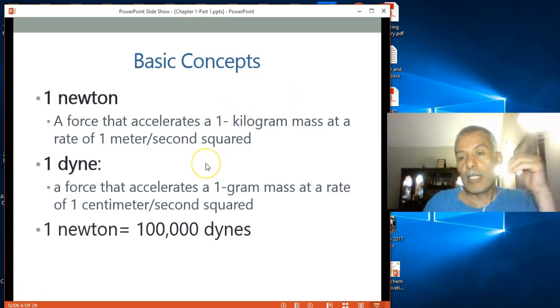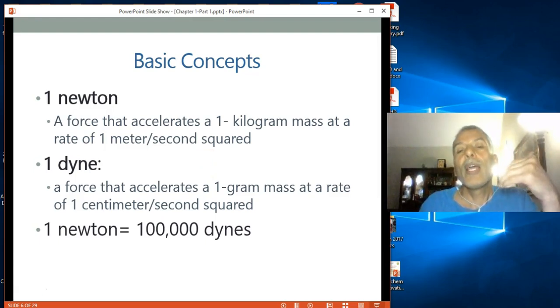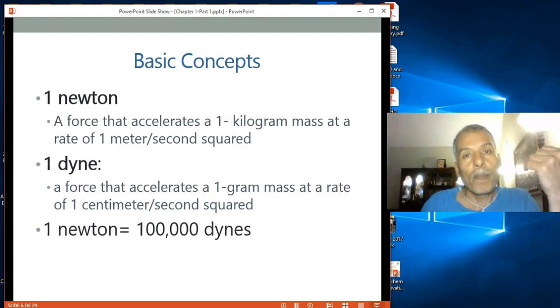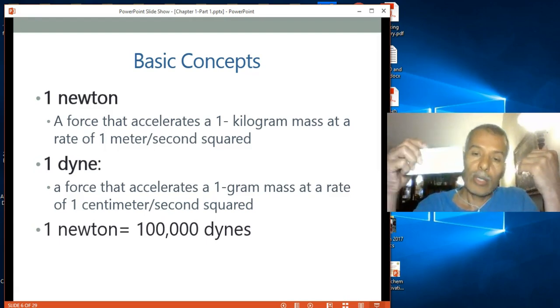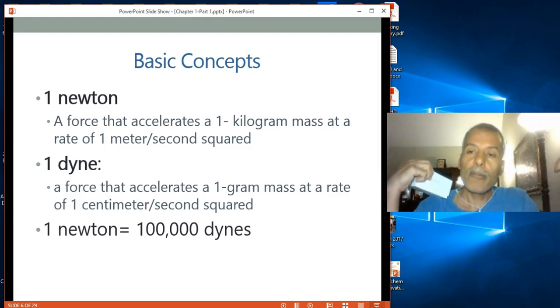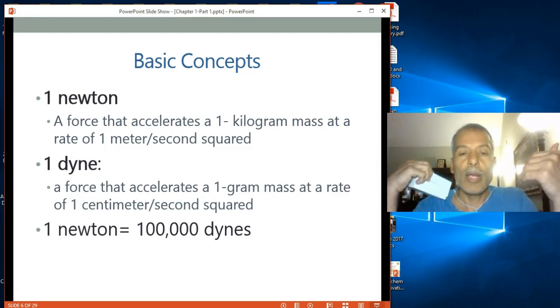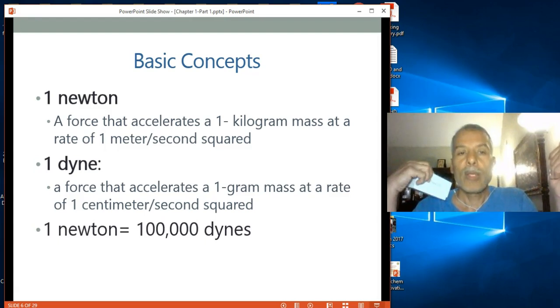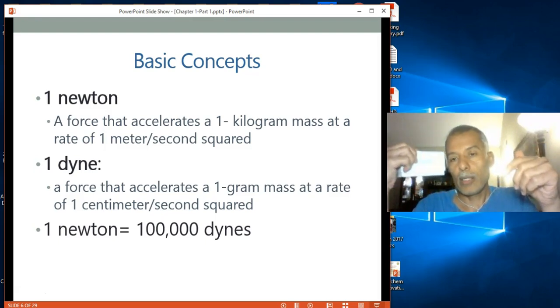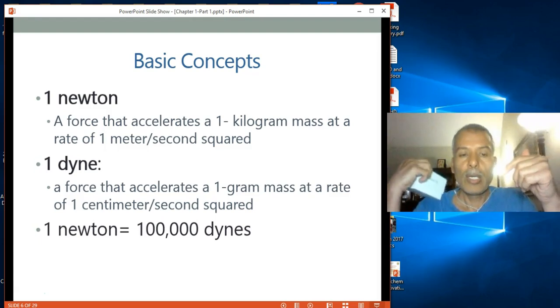Now, if we are standing 3 yards away, how many newtons will that be? If I have the same 1 kilogram of mass and I throw it to you, and you are 3 yards away, or let's use scientific measurements, 3 meters away, how many newtons will I need in order to make this kilogram reach you, and how many seconds will I use?